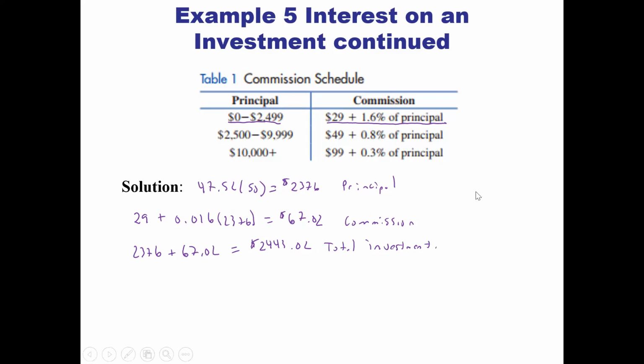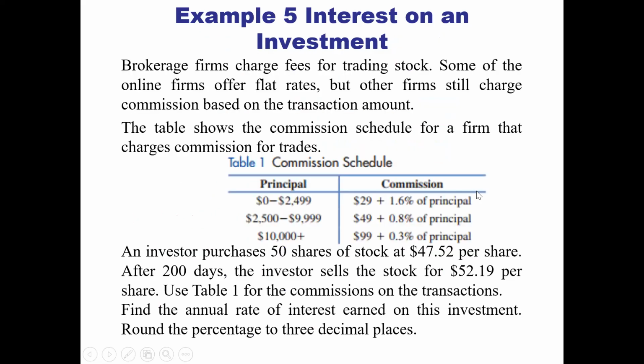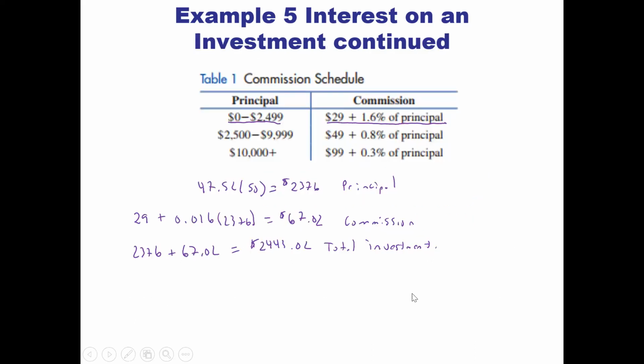All right, so what else was it asking for? It was asking us to find the annual rate of interest earned on this investment. Now when we're selling it, the commission is going to be subtracted from the proceeds of the sale, and then the balance is returned to the investor.